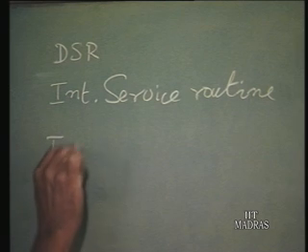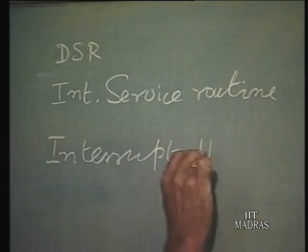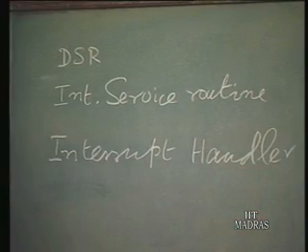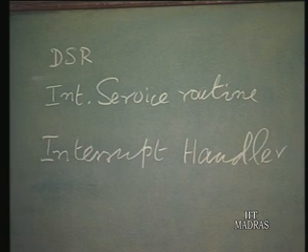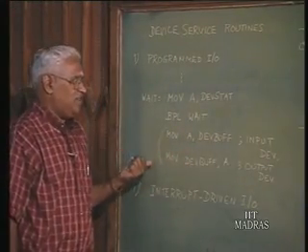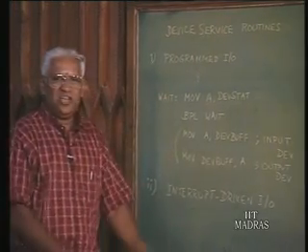You may also call it interrupt handler, and so on and so forth. These are all names for the same thing. Now, what is it essentially? Essentially, this is going to service the device, and what is the service? The service is just seeing that the data transfer takes place.